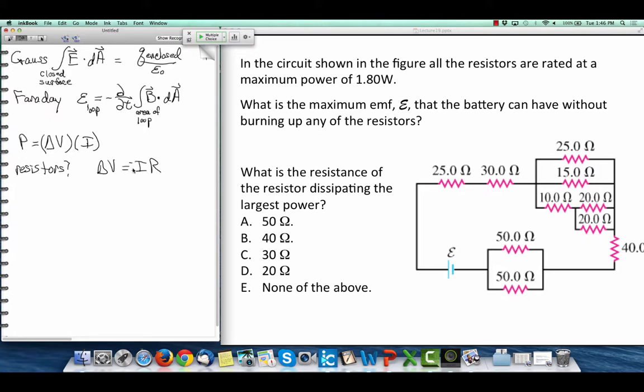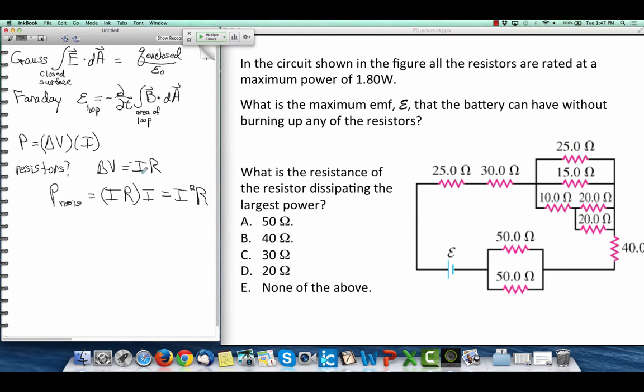But you can put delta V in here and find out that for resistors, delta V is IR, times I. So the power coming out of the electrical system due to a resistor is power going into thermal energy. Energy is still conserved, so if you take energy out of the electron system, then you put it somewhere else. And that somewhere else is thermal energy, just the atoms bouncing around in the resistor.